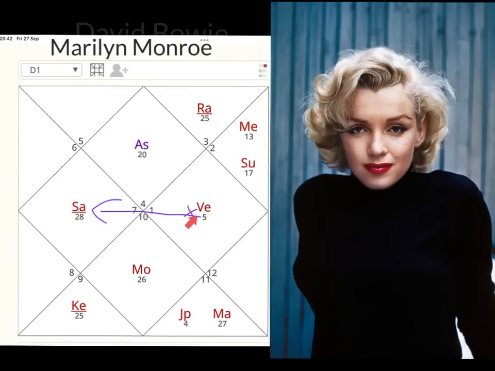So love relationships are suffering for her, but Venus is putting desire. What does Venus desire when he awakens in her life? She wants domesticity. She wants a home life. She wants security. But Saturn is making that difficult, unfortunately for her.